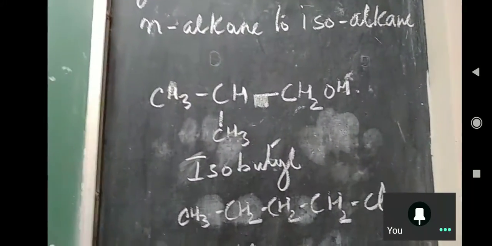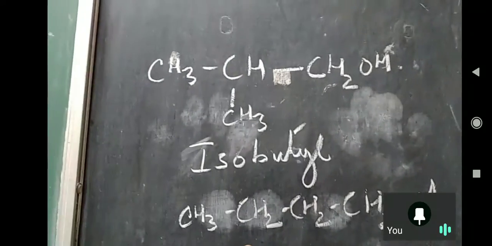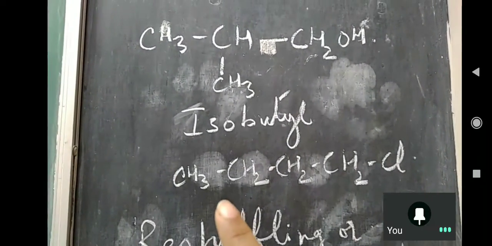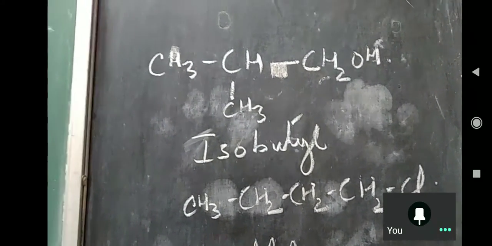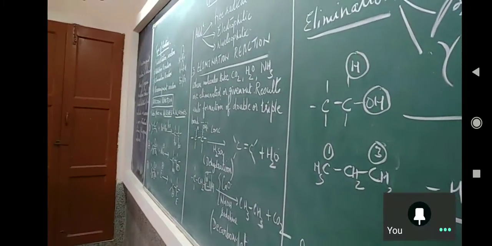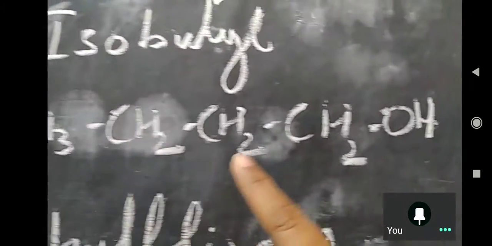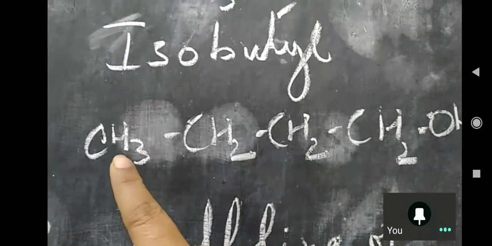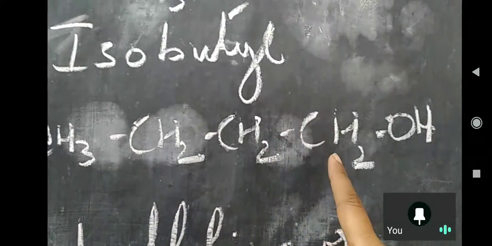We have done chain isomerism. Okay? We have done isomerism. What is this compound known as? Okay? Alright, 1 minute. We will have to change the name here. Alright, look at this. This one, it is a straight chain alcohol with 4 carbon atoms.